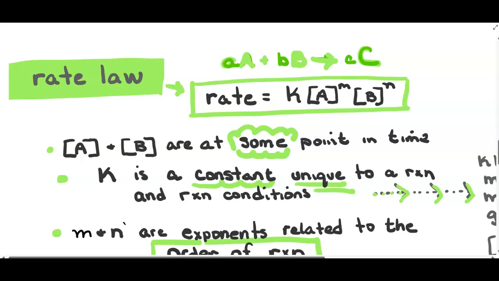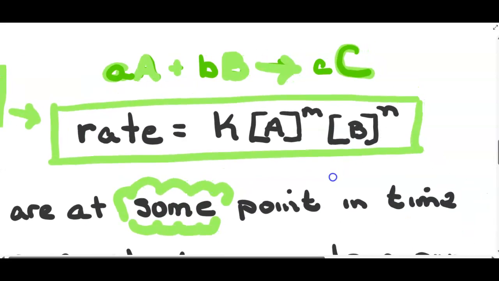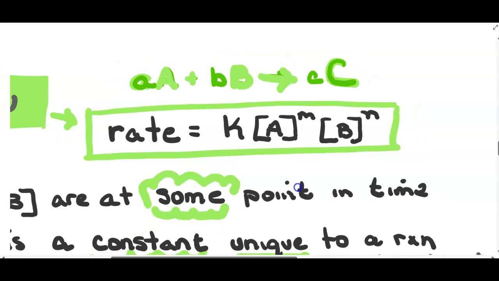gas reaction, is equal to a constant that we denote with a k times the concentration of the reactant A raised to some power, and it's not always the coefficient, times the other reactant, the concentration, that's what the brackets mean, raised to some power. And again, it may or may not be that concentration.